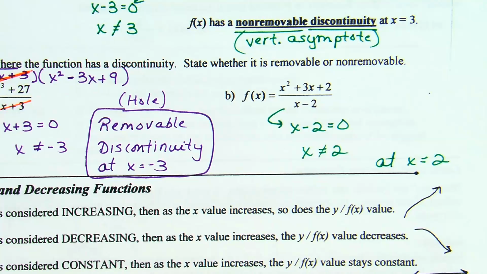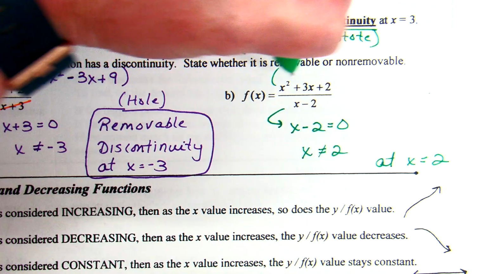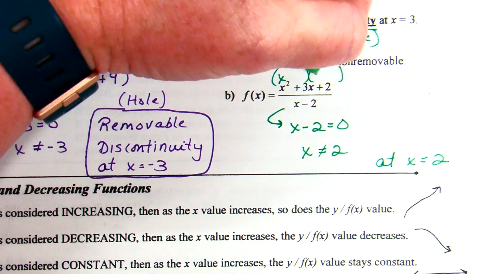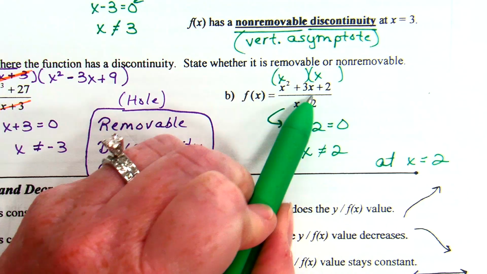Okay. So did you try factoring? We're not just assuming that this is non-removable because the last one is removable, right? You factored it, right? So if you look at x squared plus 3x plus 2, this goes back to the more basics of factoring. This factoring you've been doing since Algebra 1. x squared is x and x, multiplying to be 2, adding to be 3: plus 2, plus 1. And notice, does anything cancel?